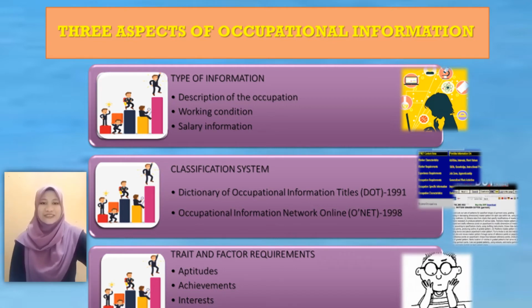Second, classification system using the Dictionary of Occupational Titles, DOT 1991, which was replaced by the Occupational Information Network Online, O*NET, 1998. Third, trait and factor requirements such as aptitude, achievement, interests, and career values.